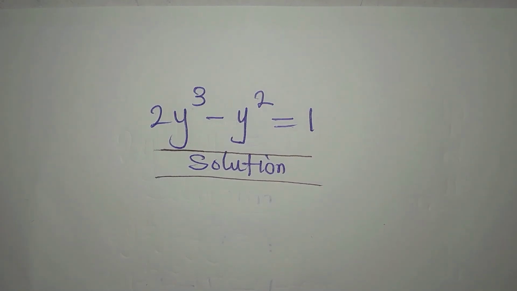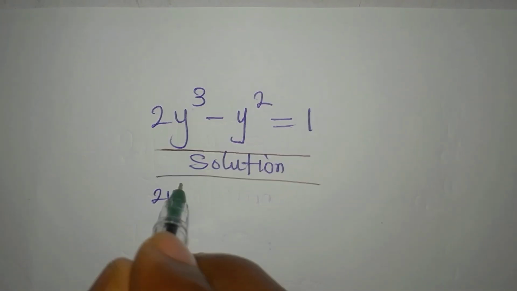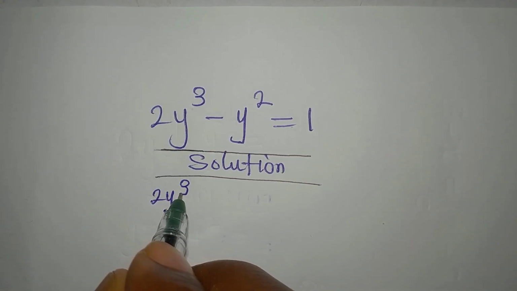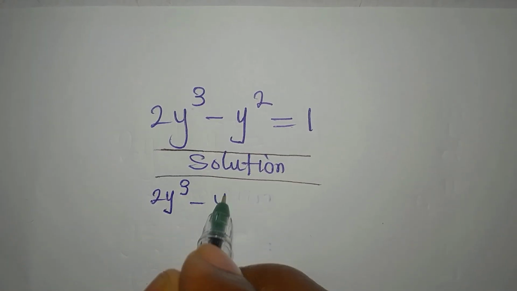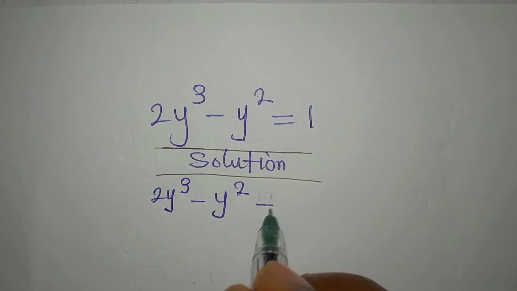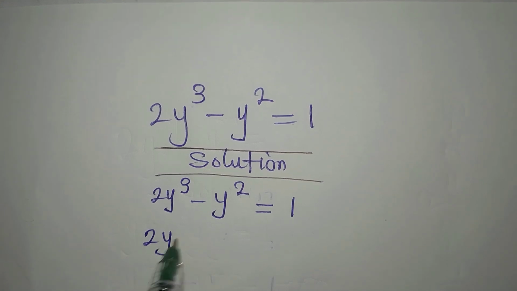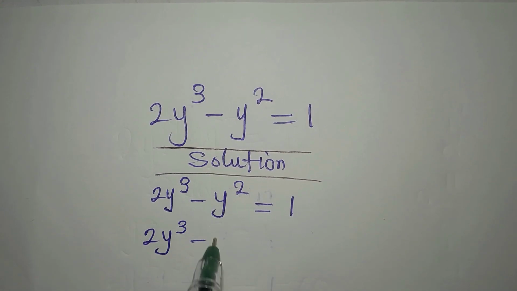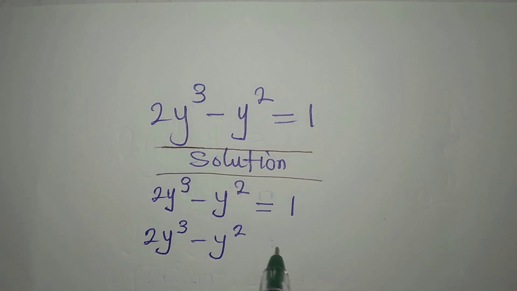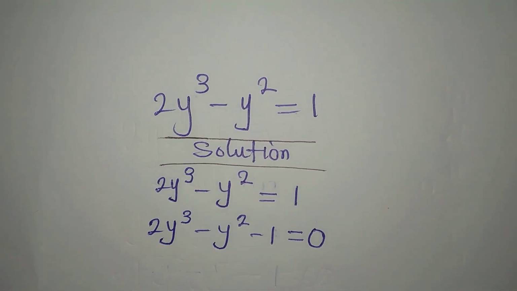We have 2y to the power of 3 minus y to the power of 2 equals 1. Now, the first step, take this to the left. So we have 2y to the power of 3 minus y to the power of 2 minus 1 equals 0.